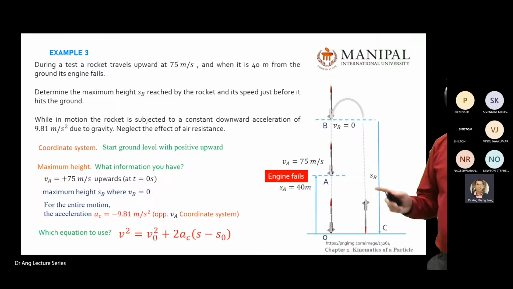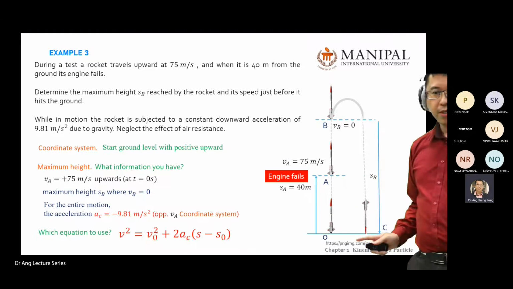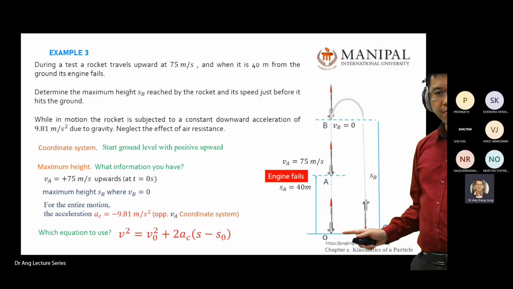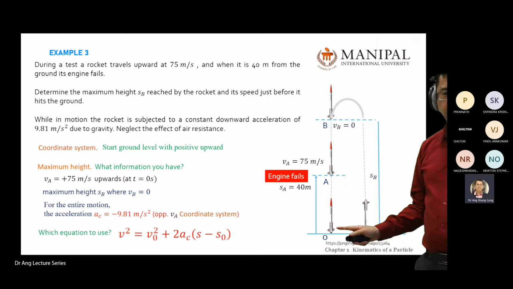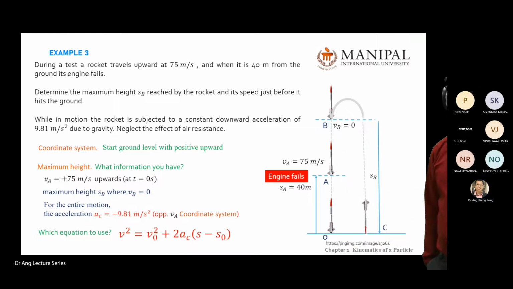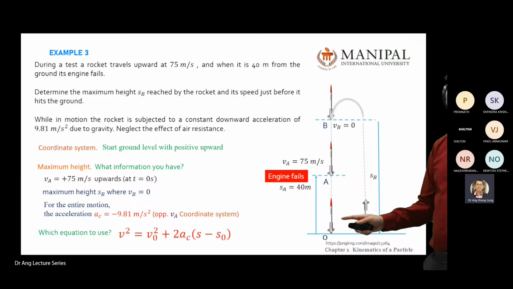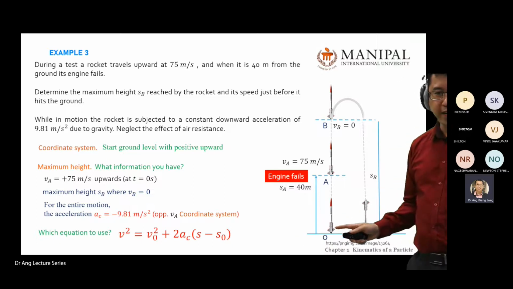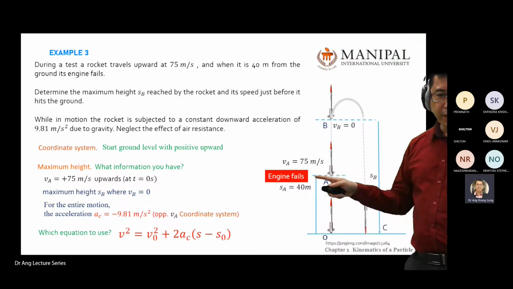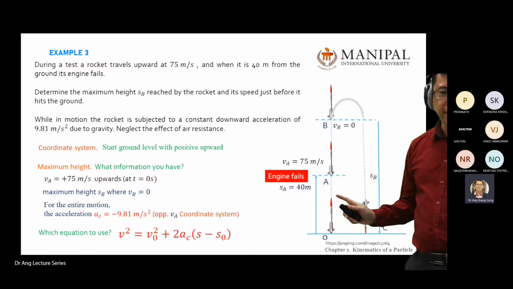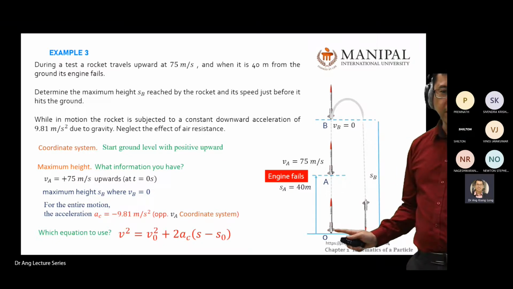Now another case, back to the question by one of your friends just now. You can try to use point 0 to B, but there will be missing information because you don't know the real velocity here.